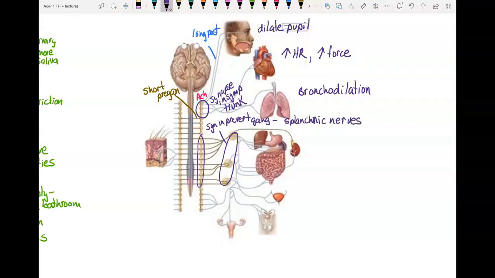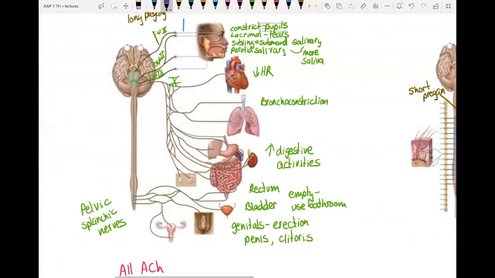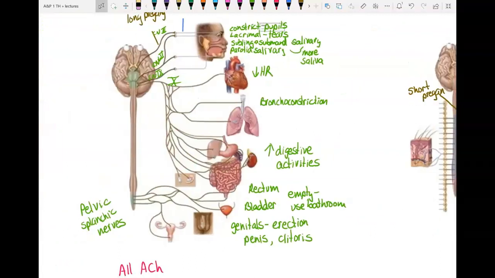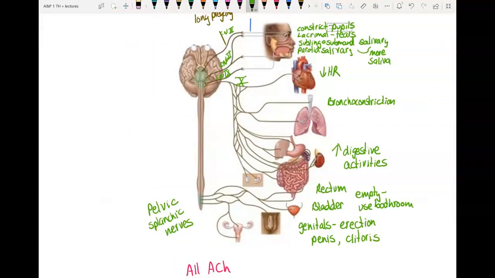So this is where it gets confusing. Over here we have pelvic splanchnic nerves. Pelvic splanchnic nerves are parasympathetic nerves from the sacral region of the spine. So when you see pelvic splanchnic nerves, that's what it means. It's parasympathetic from the sacral region.